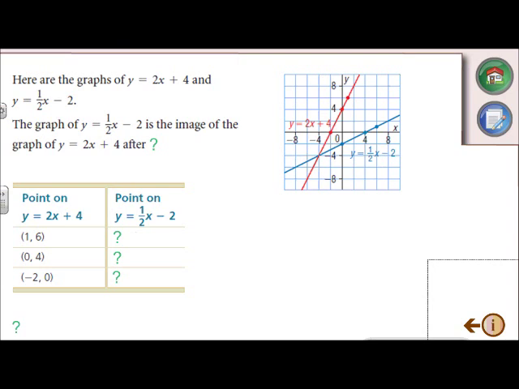All right, looking at the two lines that we've got going here, the red line and the blue line.